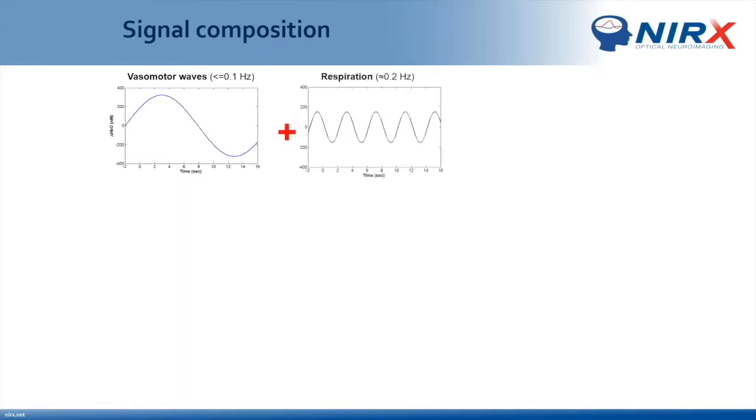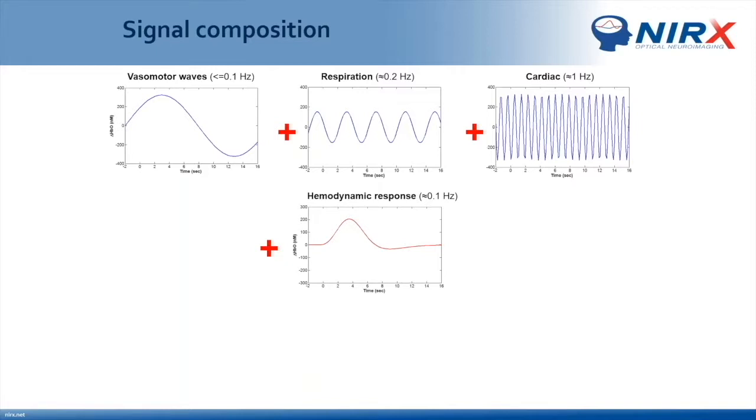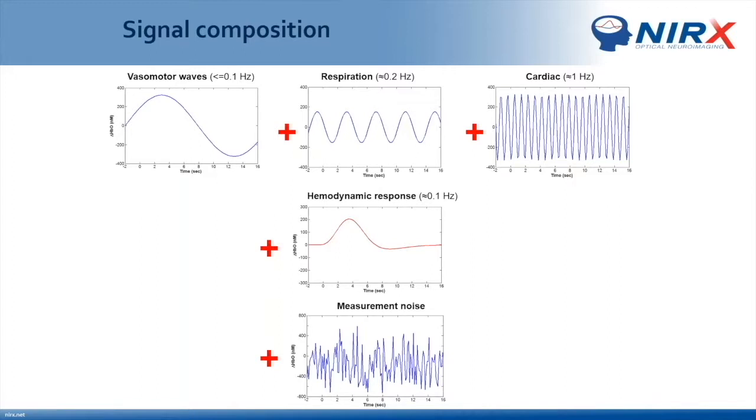We also have respiratory components embedded into our signal. The heartbeat, which is about 1 heartbeat per second. And of course, our actual hemodynamic response signal. And in addition, the measurement noise, which is inherent to the acquisition systems.